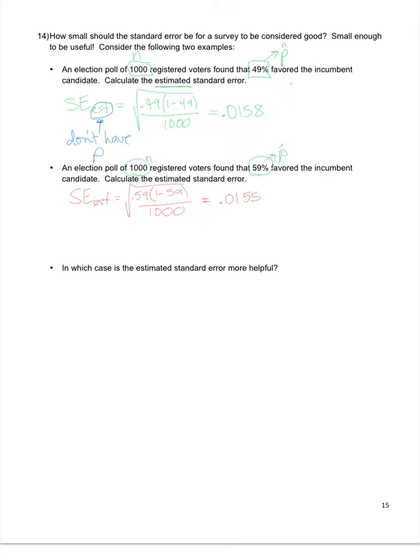Well, if we go back up to here, let's start there. What we'll find is that if we were thinking about what we would expect from our sample, we would expect around 49%, give or take a little bit. We might add a little bit of the standard error to that.